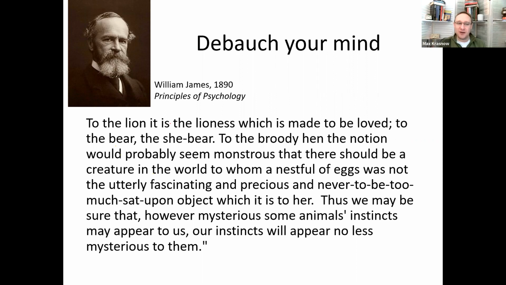Thus, we may be sure that however mysterious some animals' instincts may appear to us, our instincts will appear no less mysterious to them." This is the mindset that we have to get ourselves into in order to be able to see past the simple variance.